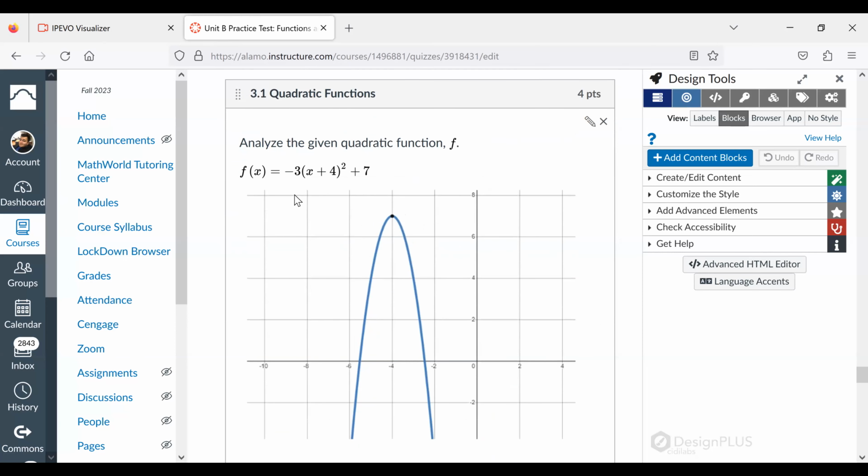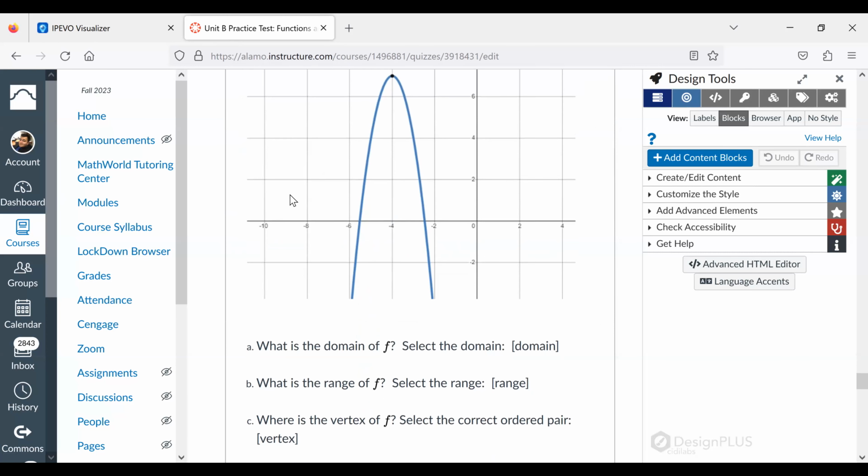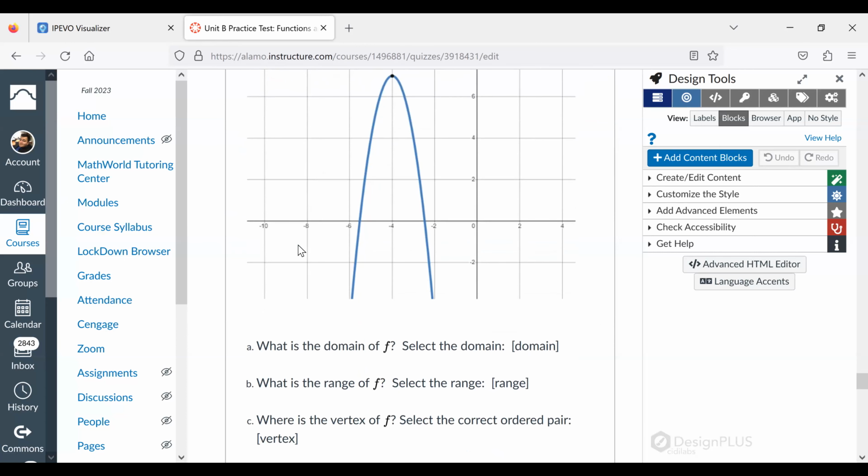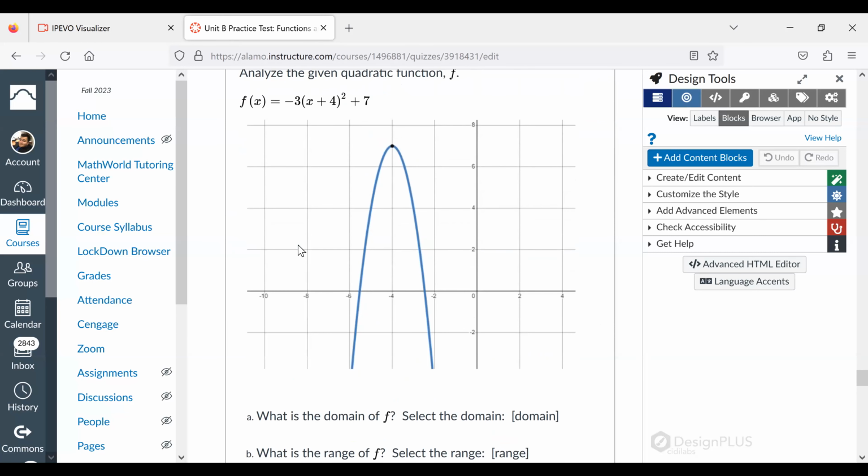21. So let's analyze this graph together. What is the domain of this parabola? Yeah, it goes on forever in both directions, right?